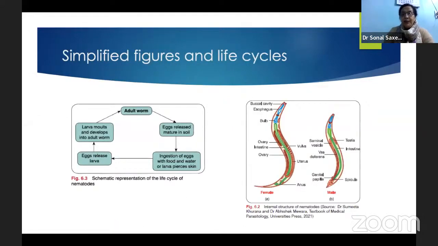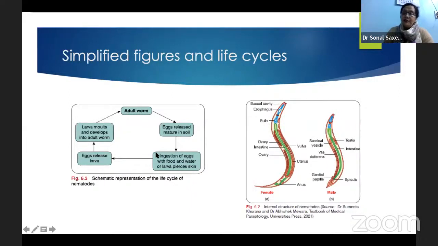Another complaint that has always been there in parasitology books is that too much stress is laid on the animal figures and the figures of the worms itself. So what we've done this time is that we have kept very, very simplified diagrams of the worms just in the basic introduction. We've created a simplified figure of, say, the nematodes, and we've also created very simple life cycles.